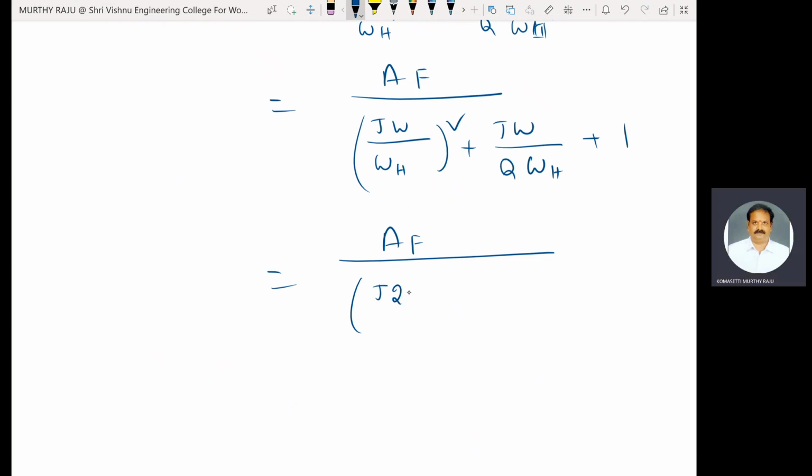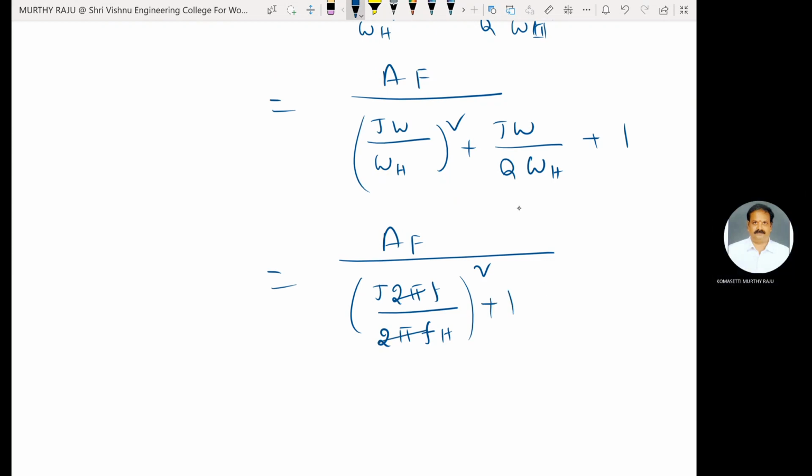ω is equal to 2πf, ω_H is equal to 2πf_H, that is 2π f_H whole square, 2π is cancelled, plus 1 by Q is the alpha, jα.